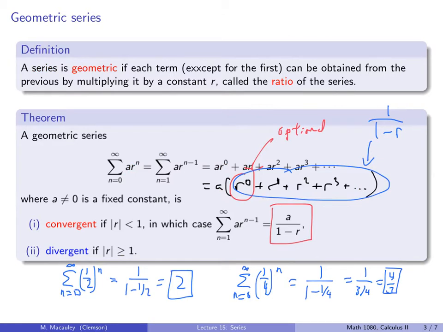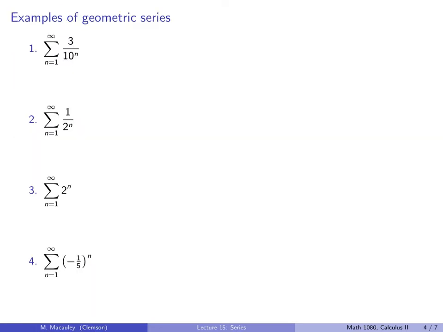And in the previous slide, we got our sum to be 1/3, but remember we started at n equals 1, so we left off that first term, which is 1. So if you remove 1 from here, you get 1/3, which is what we got before. Here are some examples. This first one, we are actually starting at n equals 1 instead of n equals 0.